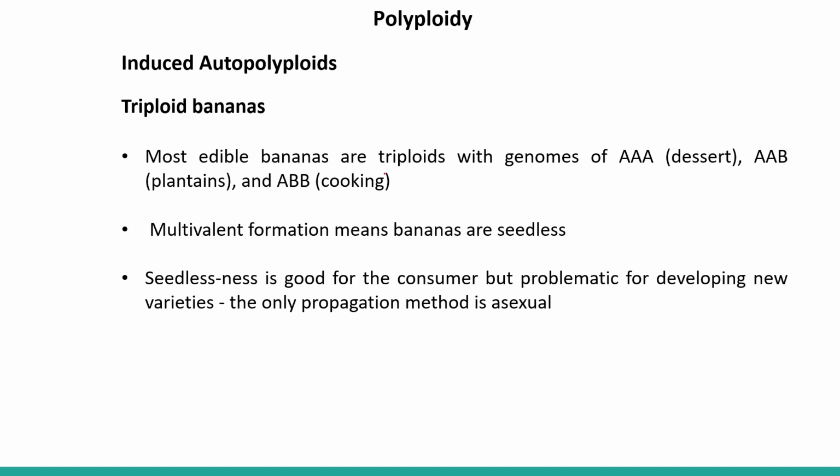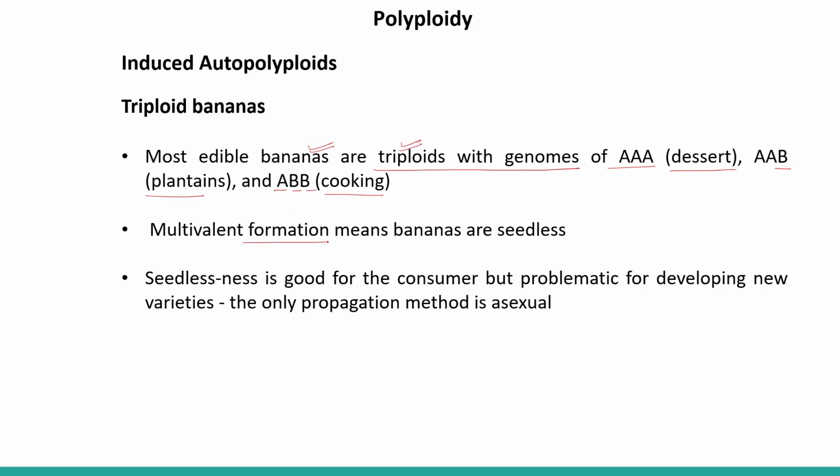Most edible bananas are triploids with genome AAA, which is the dessert banana, AAB, which is the plantain, and ABB, which is the cooking banana. So these are certain edible bananas in the form of triploids.